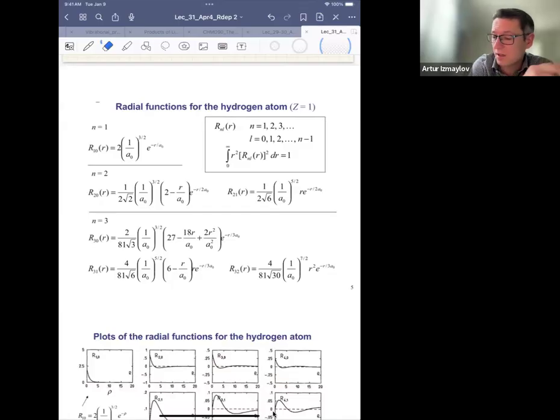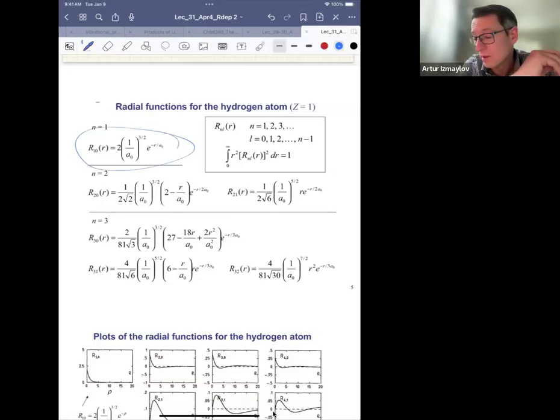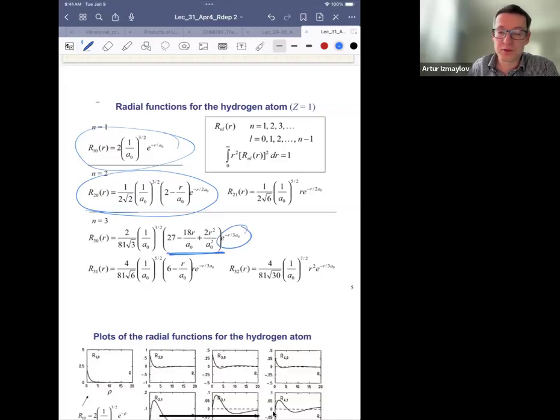Later, the radial components written for different functions become increasingly complicated, but they always have the same structure. It's a polynomial function times the exponential, right? And that polynomial part becomes higher and higher in degree, depending on n, the principal quantum number, and on l, because as you could see, the more complicated parts are always for the higher s functions.